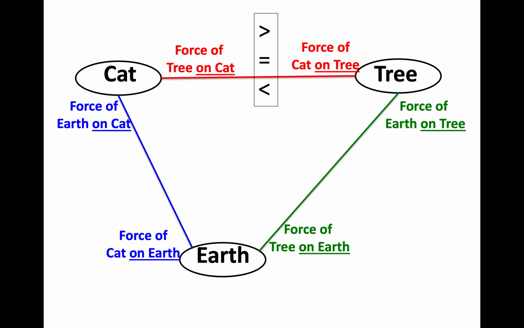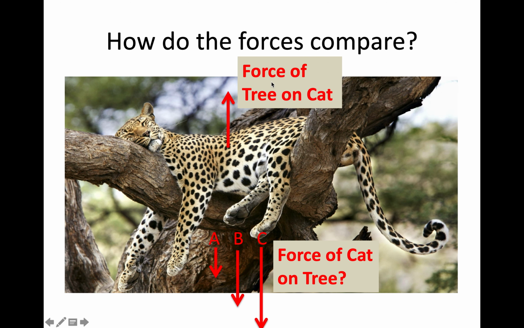And these forces are not on the same object, so we cannot use the idea that, well, it's at rest, so the forces must be balanced to figure out how the forces compare, because what object will we be talking about? There's 2 objects here. So the question is: is the force of the tree on the cat greater than the force of the cat on the tree? Is it equal or is it less than? So this is the question we want to answer in this experiment.